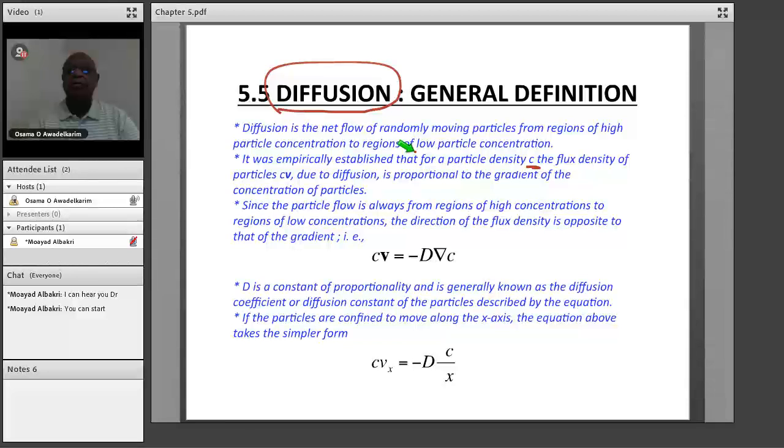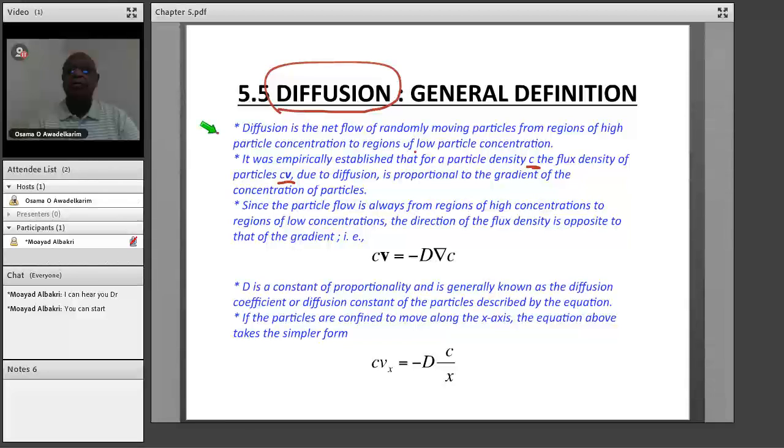Okay, so the flux density for a concentration C, or a density of particles C moving with a velocity v, the flux density is Cv. And so this flux density, when we say flux, it's moving particles. Okay, this flux density comes from diffusion, from the change in concentrations with position.